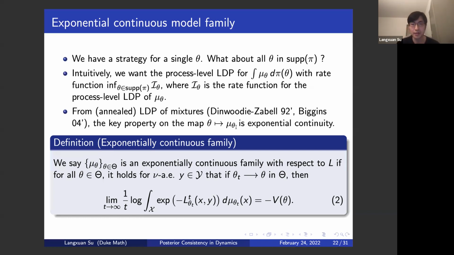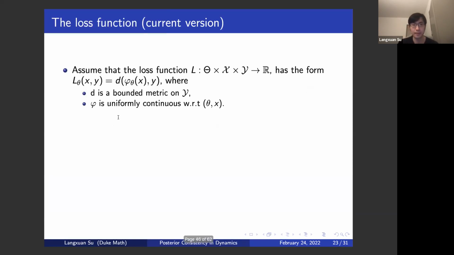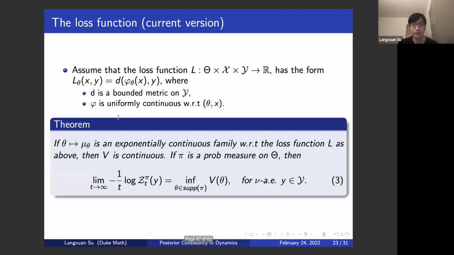So in the interest of time, maybe I won't go into the exact definition of this, but you can find the definition of exponential continuity in the classical work on large deviation of mixture. Okay, so yeah.